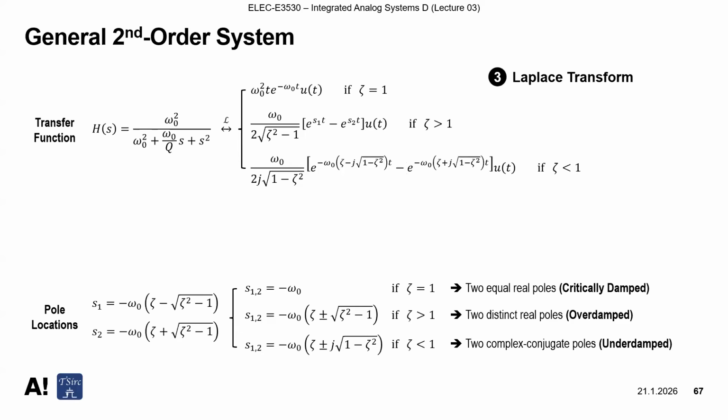And there is a very interesting part. For the second part here, S1 t and S2 t, maybe we can just plug in our equation S12 equal to minus omega 0 something something, because these are our real poles.